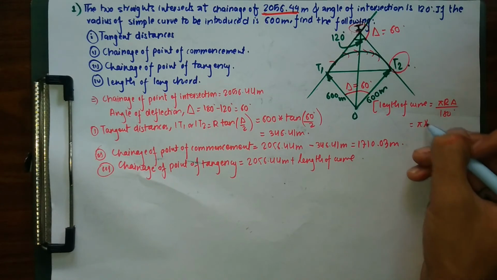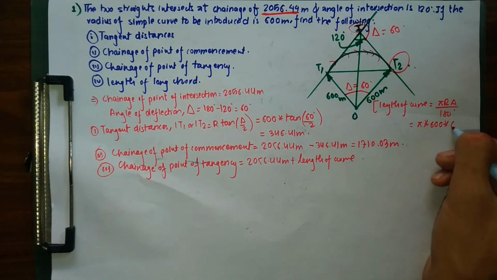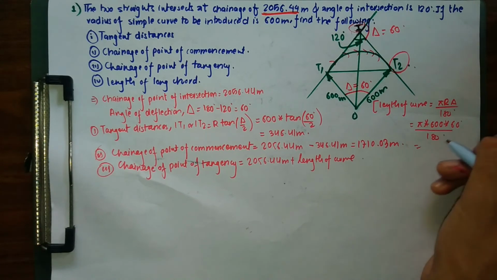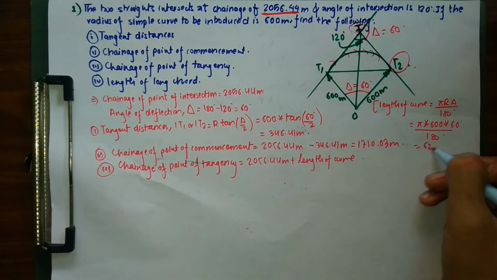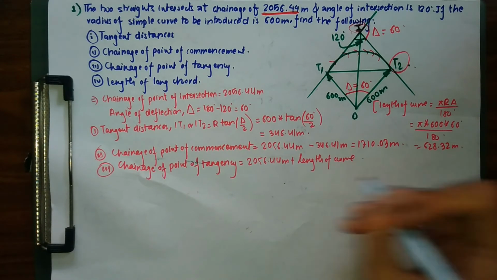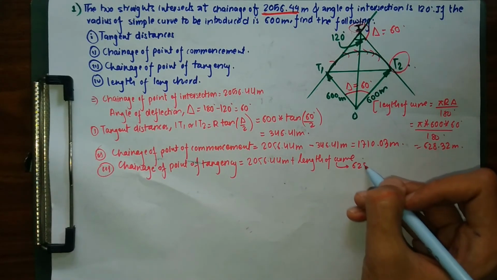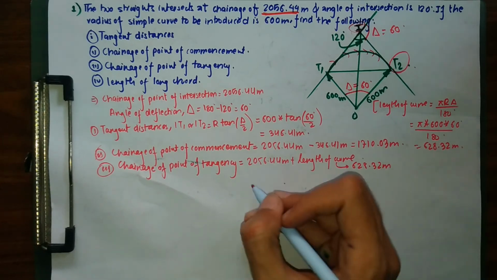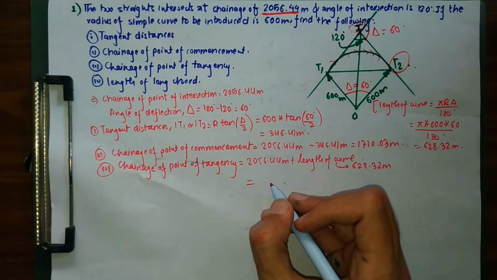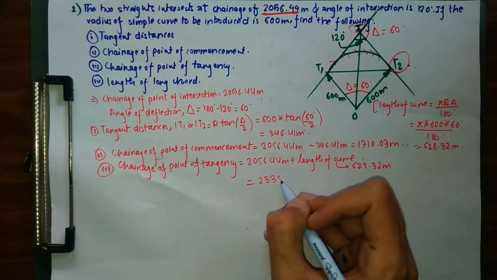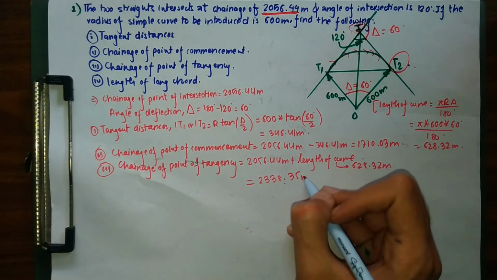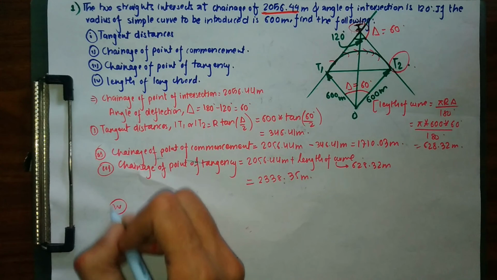So I have pi, I have R of 600, I have delta of 60 divided by 180. You need to make sure your delta is in degrees, since we have 180 degrees. We get our length of curve as 628.32 meters. On adding these two, I am going to get my chainage of the point of tangency as 2338.35 meters.